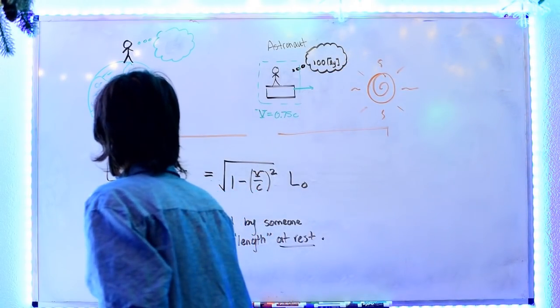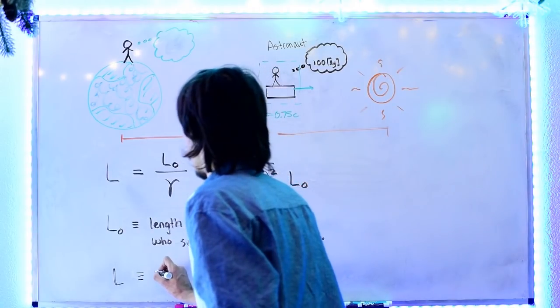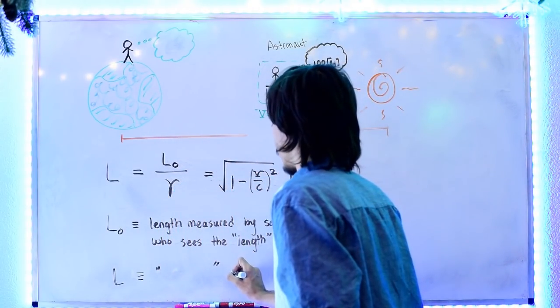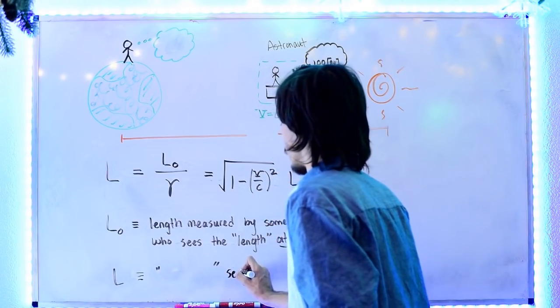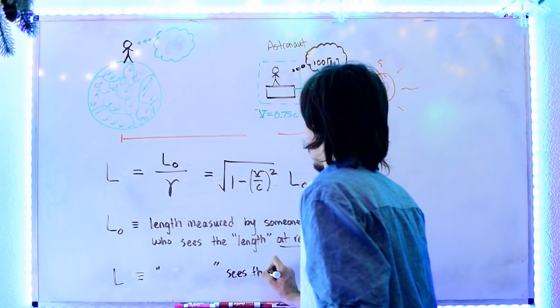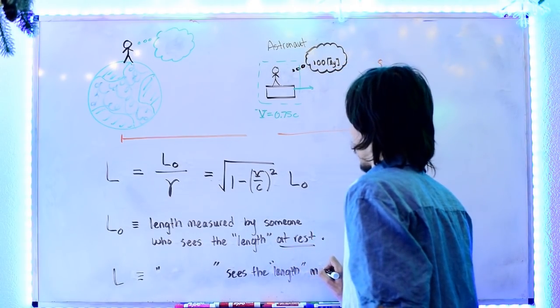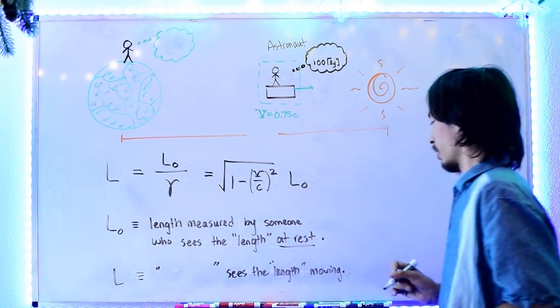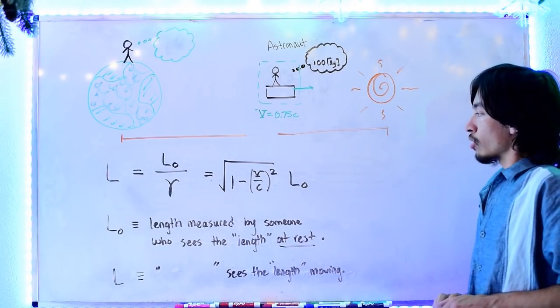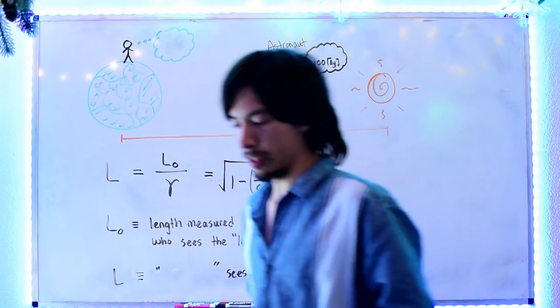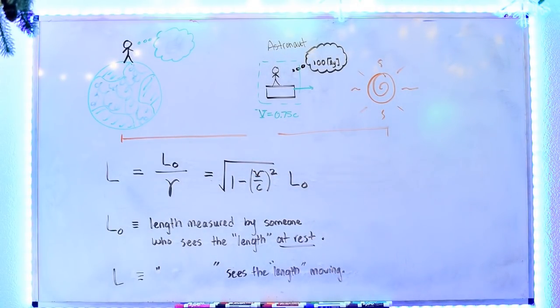So the non-rest length, also known as the proper length, has the same exact wording, but the ending is: sees the length moving. So in this picture, the way I want you to see it is, let me bring out my tape measure again.